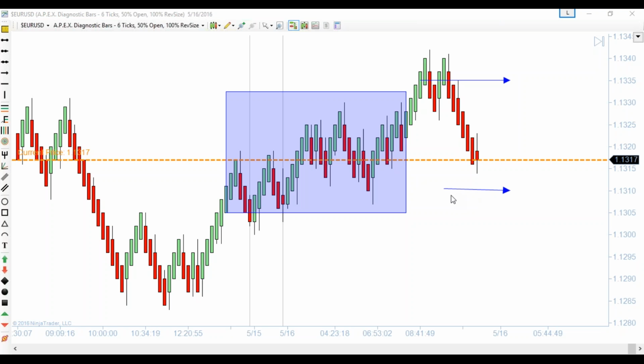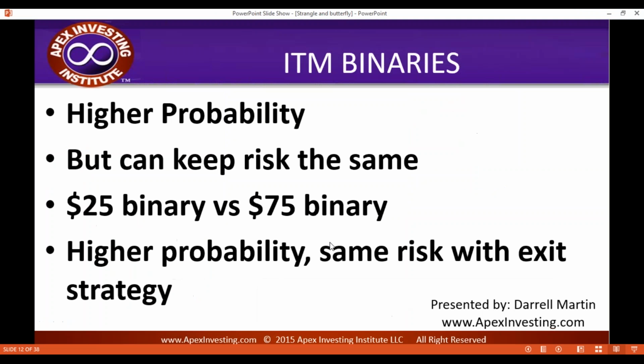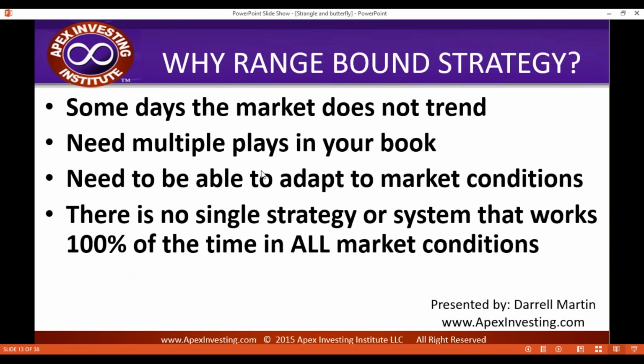Okay, well, I'm going to show you why here in a minute. But approximately what you want to do is look for something you can sell for around 25 and something you can buy for around 75. All right, give or take 5 or 10 bucks, but you're looking for 75 and 25 for the most part, and I'll show you why.